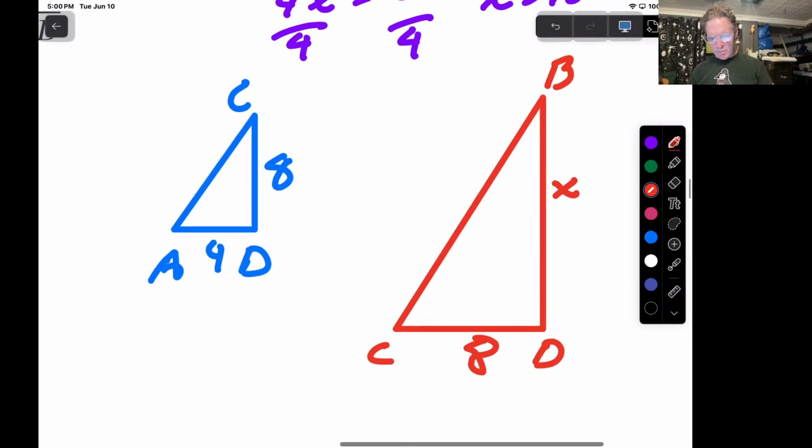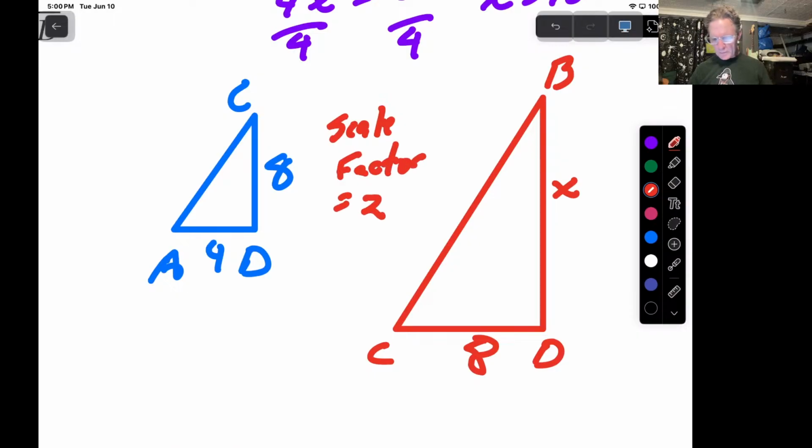Now that I have it drawn separately, what is the scale factor? How many times bigger is the red triangle than the blue triangle? Well, the scale factor is 2. So this has to be 16. Right?